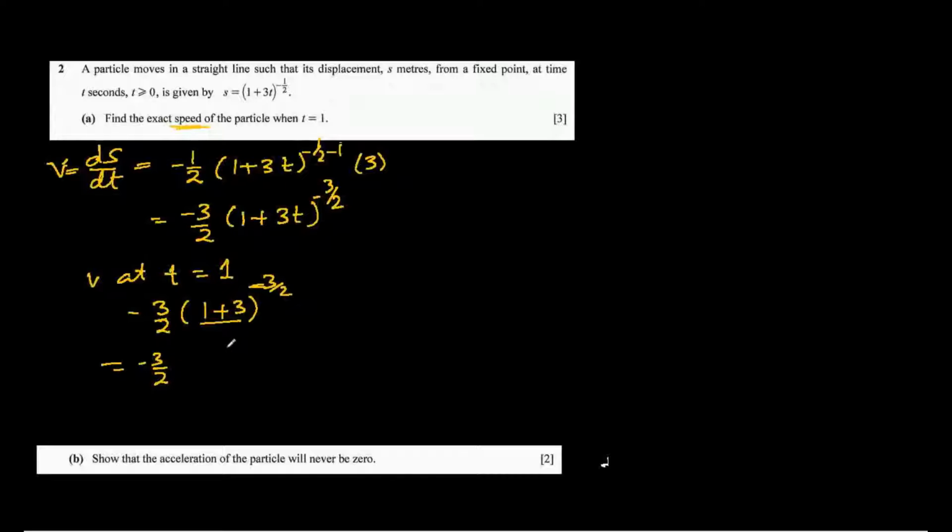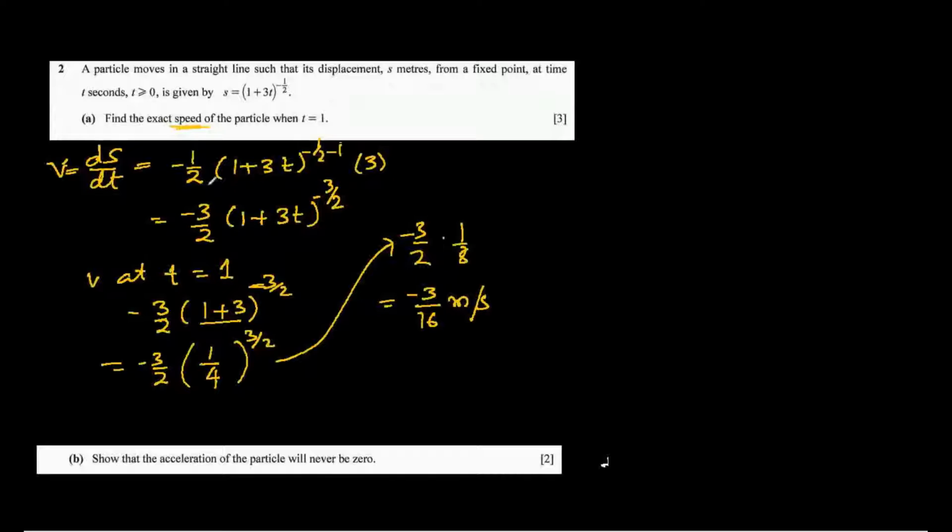To make the exponent positive, we reciprocate whatever is inside the bracket, so 4 becomes 1/4. I'm doing it mentally; you can use your calculator if you want. We get minus 3/2, and the square root is half, and the cube is 1/8. So the answer is minus 3/16 meters per second.